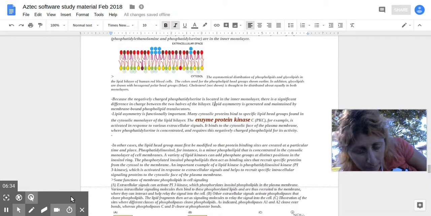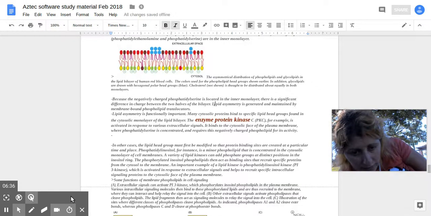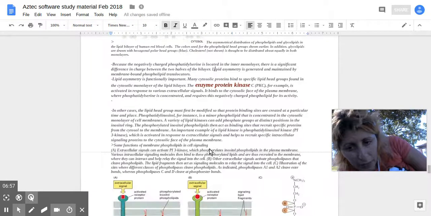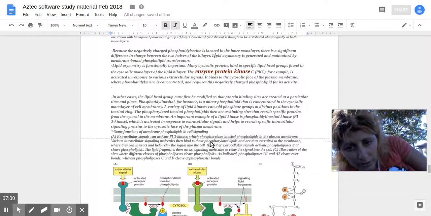An important example of a lipid kinase is phosphatidylinositol kinase, which is activated in response to extracellular signals, helps to recruit specific intracellular signaling proteins to the cytosolic face of the plasma membrane. So membrane phospholipids have an important role in the function of cell signaling.